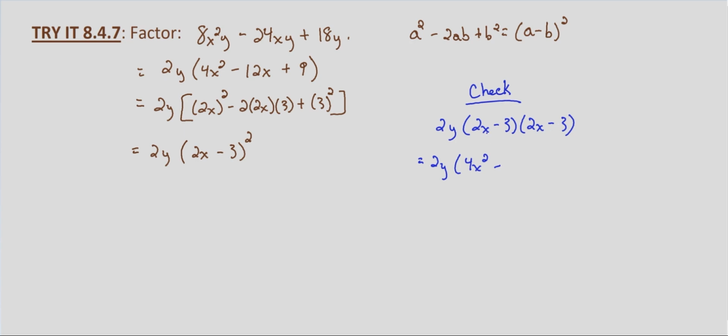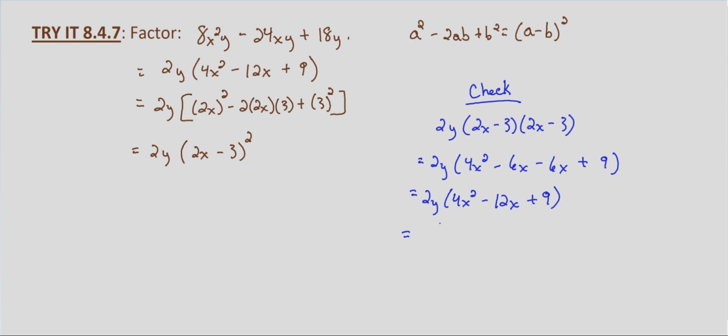I'm using FOIL this time. 2x times negative 3 is minus 6x. Inside is minus 6x. That's minus 3 times 2x. And then plus negative 3 times negative 3, well, that's just 9. So that gives us 2y times 4x squared minus 12x plus 9.